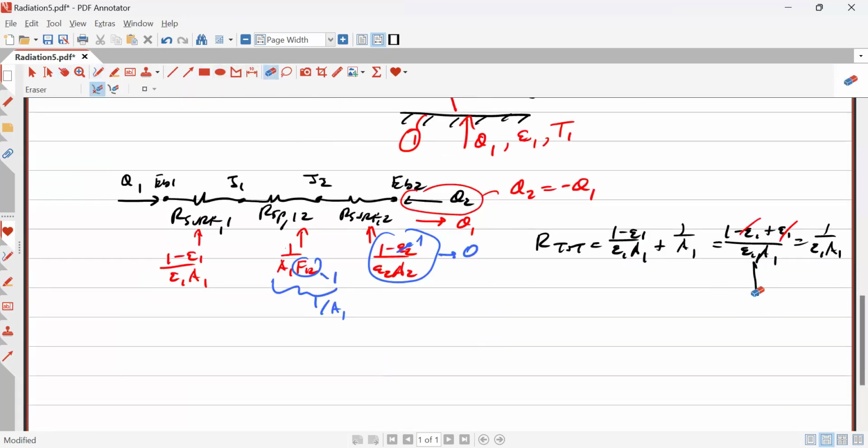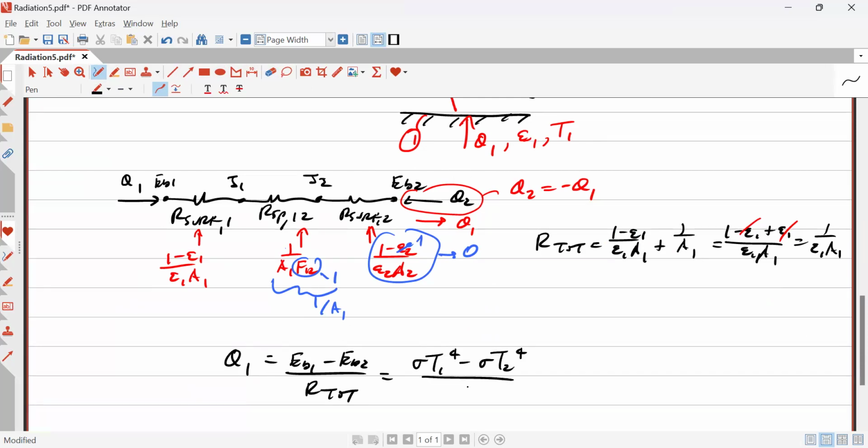Okay, so if we look at the endpoints here, we could say then that Q1 is equal to (EB1 minus EB2) over R total. Recall that EB1 is sigma T1 to the fourth. EB2 is sigma T2 to the fourth. Over R total, which will be 1 over epsilon 1 A1, you get a value then of epsilon 1 A1 sigma (T1 to the fourth minus T2 to the fourth).